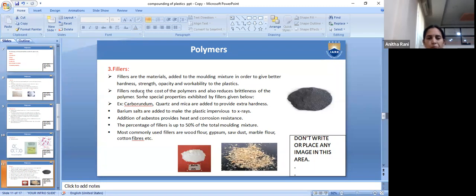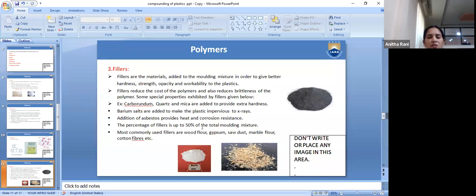These fillers also reduce the cost of the polymers. In the polymer industry, they take polymer resin and about 50% fillers, because we get a good finished product with increased hardness. Some go for compounding of plastics and then molding, but not all polymers are chosen like that.